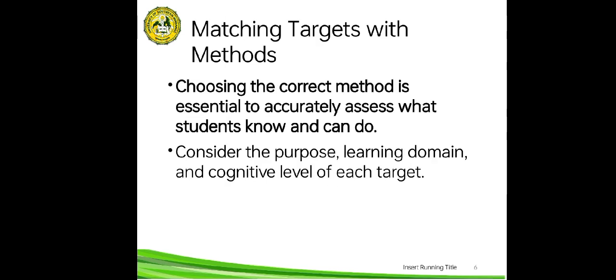The assessment method must fit the learning target. Different assessment methods serve different purposes. Most targets can be assessed in many ways, but not all ways are equally effective for every type of learning. That's what we always say in our discussions: choose the method that fits the learning target best.